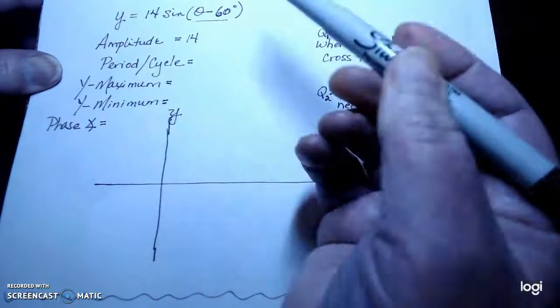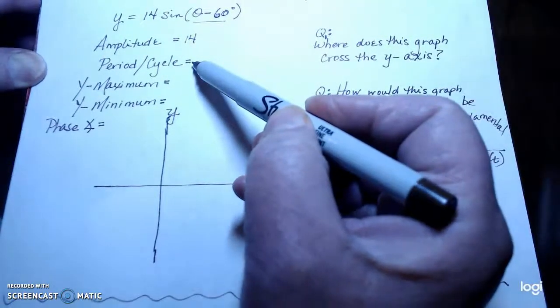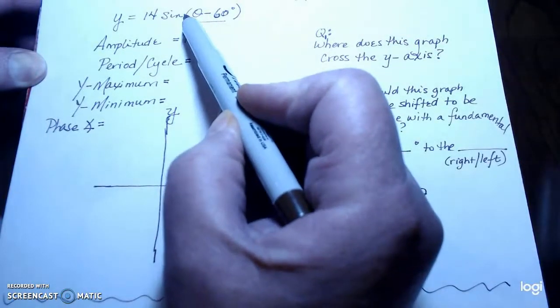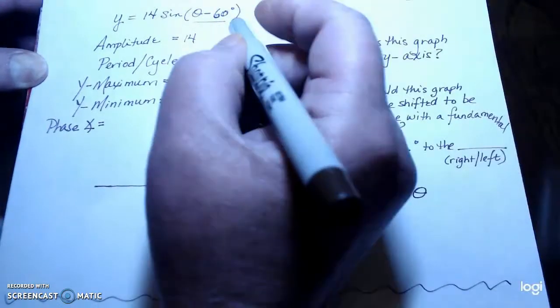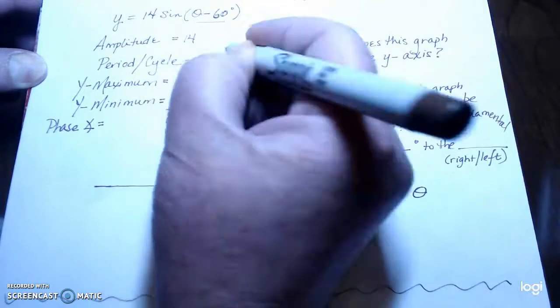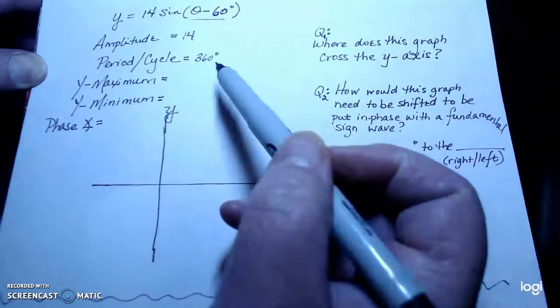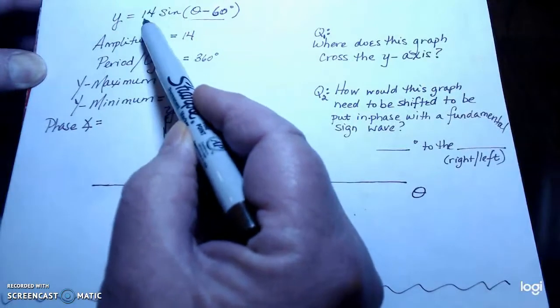Secondly, we should be able to identify the period in the cycle. Since there is no multiplier multiplying the angle, this is the basic period or cycle for the sine function, which is 360 degrees. So we're in degrees in this chapter. For the maximum, we know that 14 is a multiplier of the sine value.